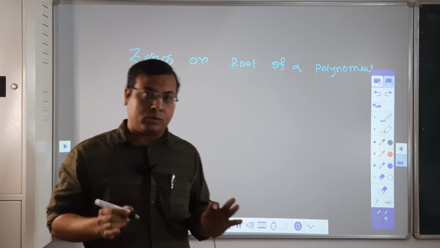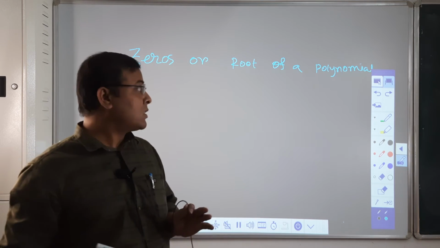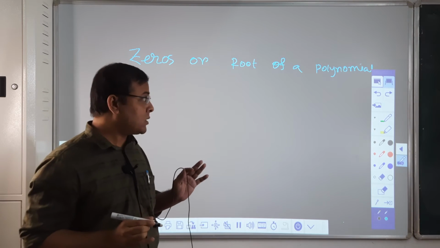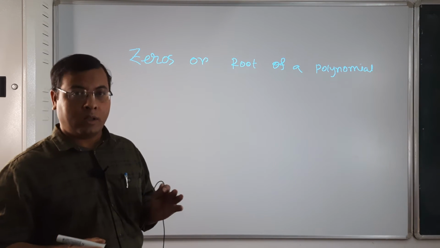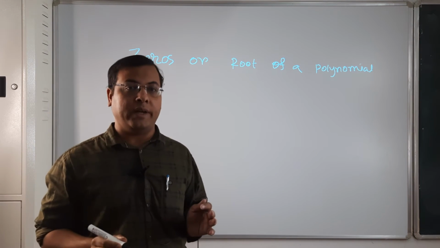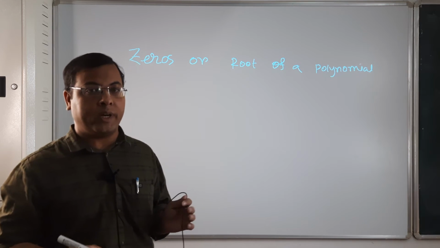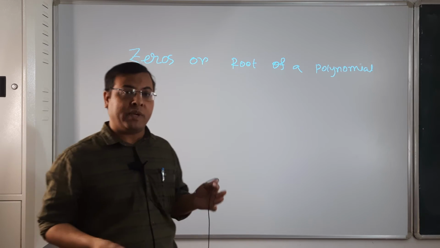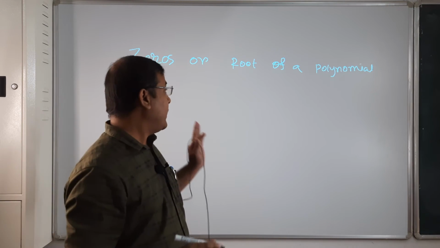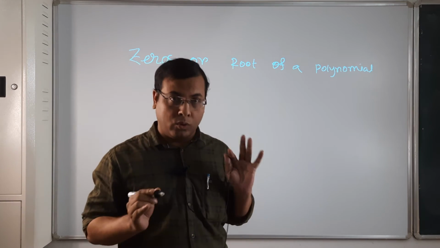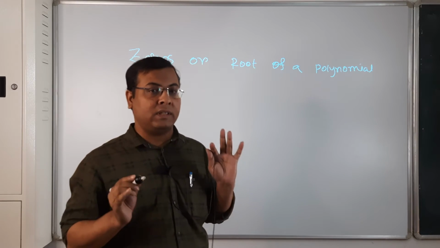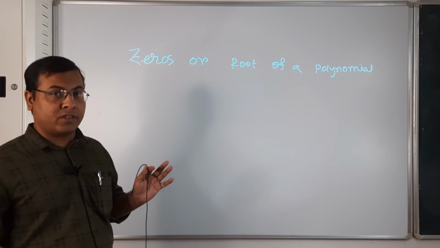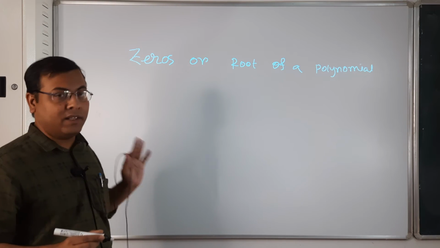According to your syllabus, obviously zero means the real zeros, because imaginary numbers are not included in your syllabus. The root or zero of a polynomial may be imaginary, but in this chapter we shall discuss the real zeros only. So zero means real zeros in this chapter.